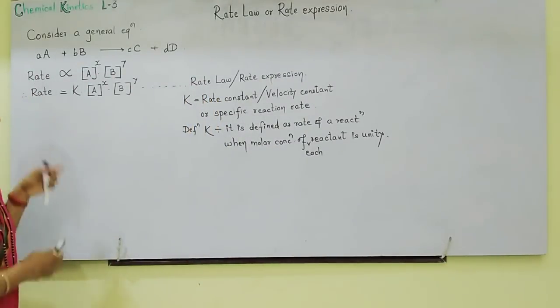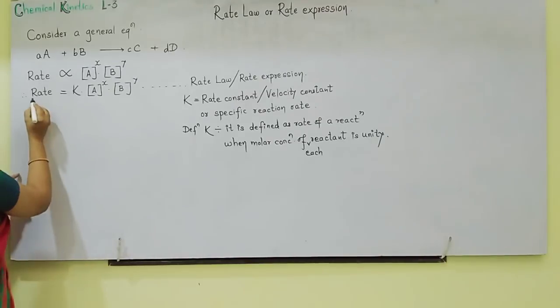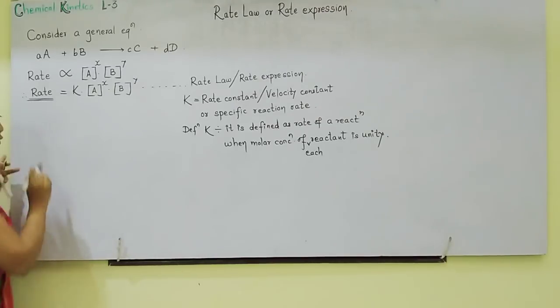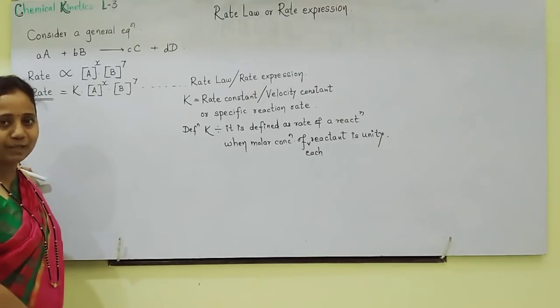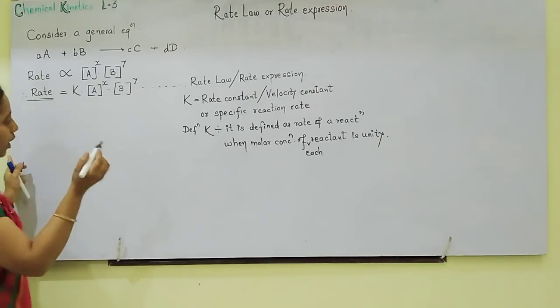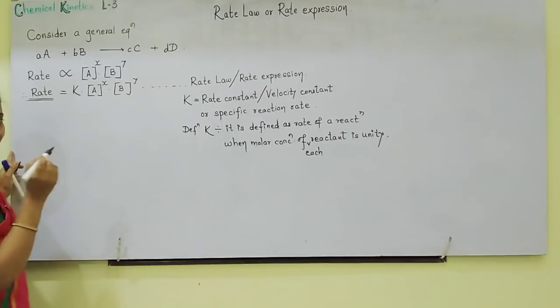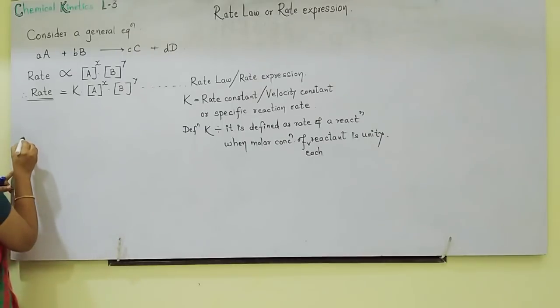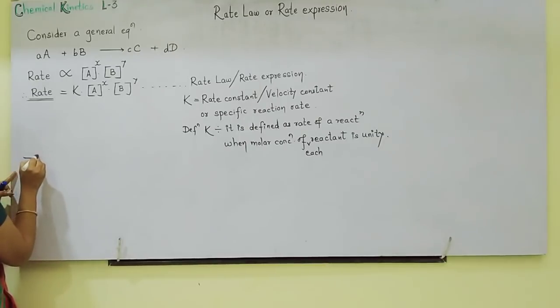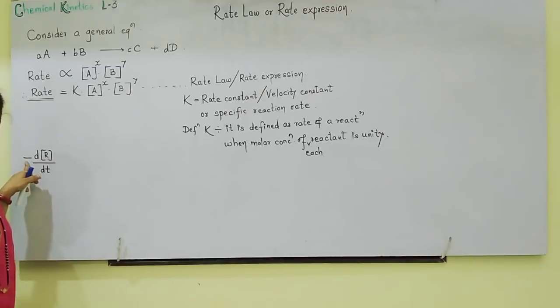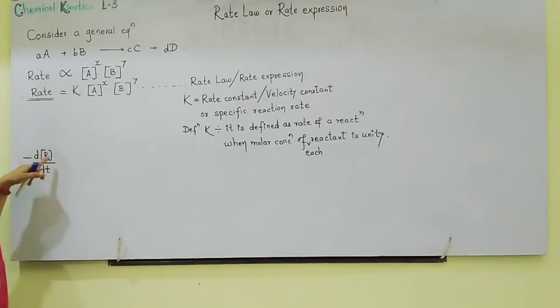Let us move towards rate. According to our first method to express rate of reaction, how can we write rate? Rate we can write as minus dR by dt. If you remember, students, for reactants we are putting minus sign, minus dR by dt.